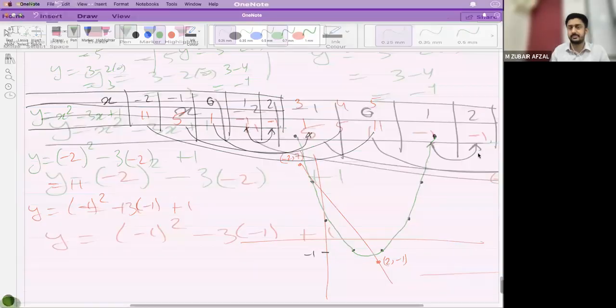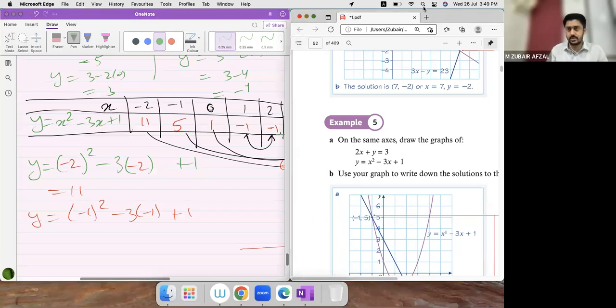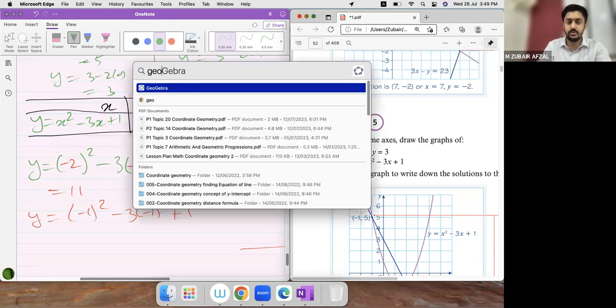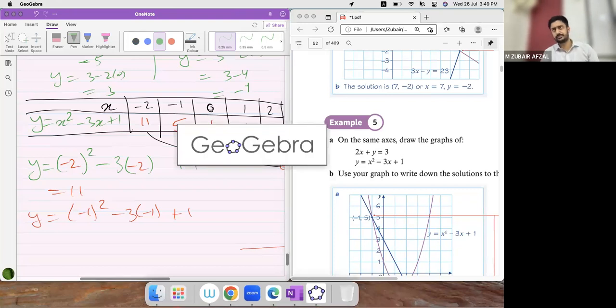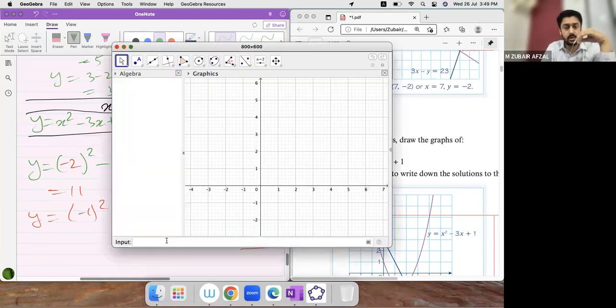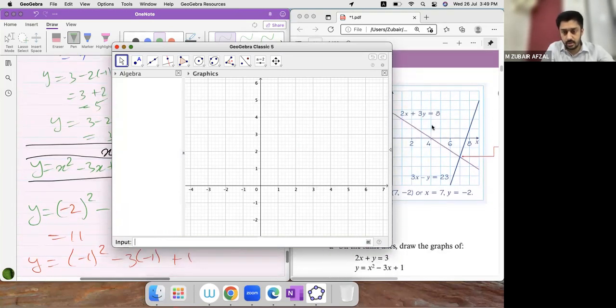Is it clear? Yes, sir. Okay, now let's check if we made any mistake or not. The only use of this software is that if we took some time to draw this, we can see many questions in a matter of seconds. 2x plus y is equal to 3.